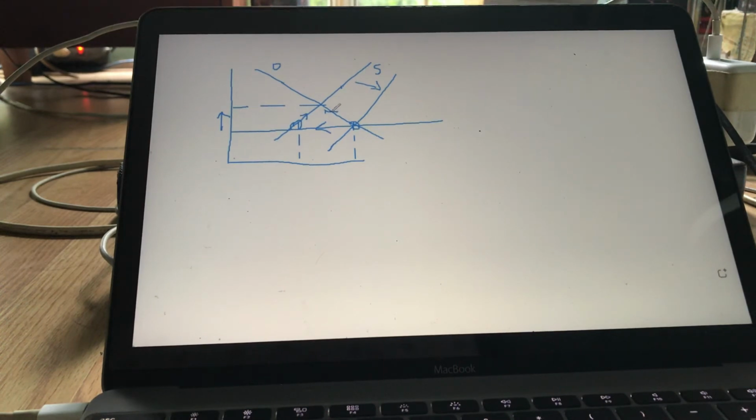They move along this line. You may see that there's a slow movement. So the exchange rate will increase slowly, and finally it reaches the equilibrium.